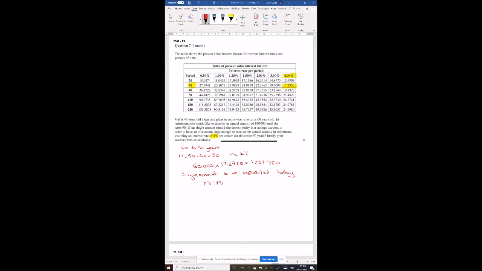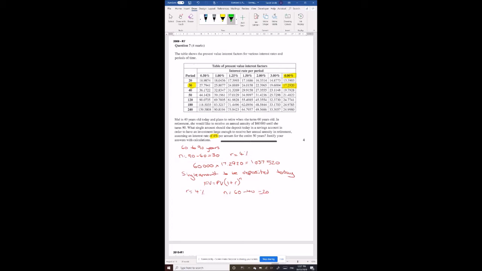So future value equals present value, 1 plus the rate to the power of n. So we need to think our rate is still our 4%. A number of time periods is going to be our 60 minus 40 this time, which is 20. So our new time period will be 20.